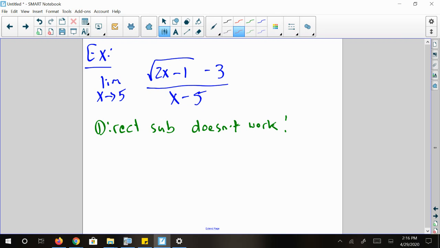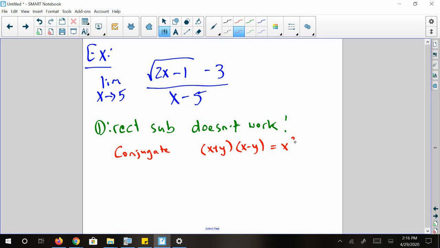Okay, and the thing that's special about a conjugate, so let's say, for example, we had x plus y. The conjugate of x plus y is x minus y. Right, and what you'll see here is when you multiply two conjugates together, it becomes x squared minus xy plus xy minus y squared.